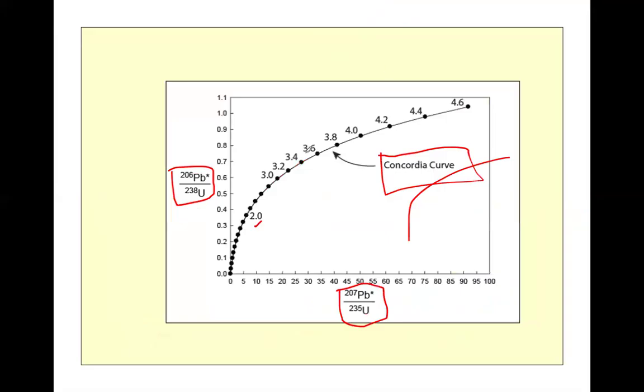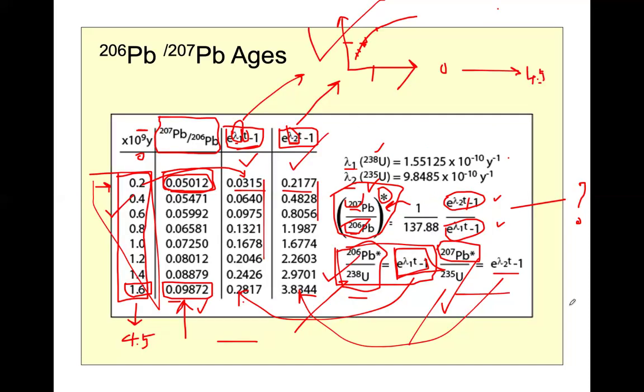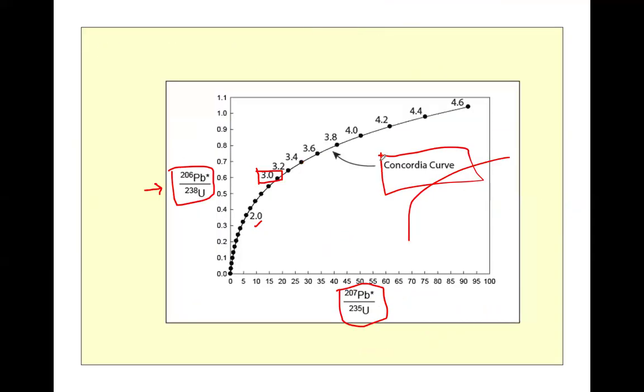So that means if it is 3 GA time, then the corresponding 206 to 238 and 207 to 235 values will not change, right? For 3 GA, it will be like this irrespective of the material, because it won't change based on the material.